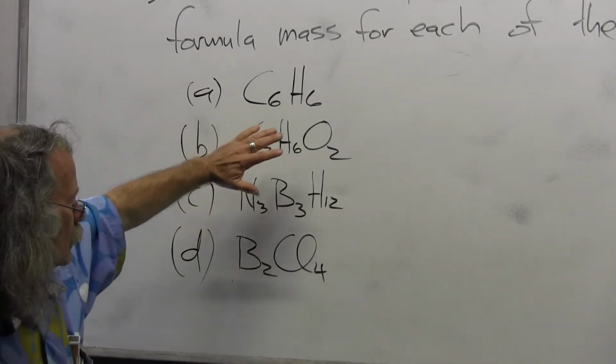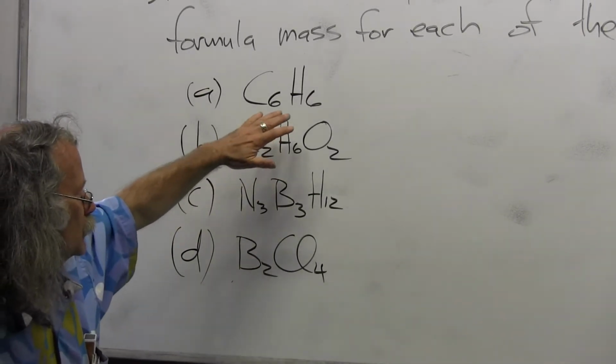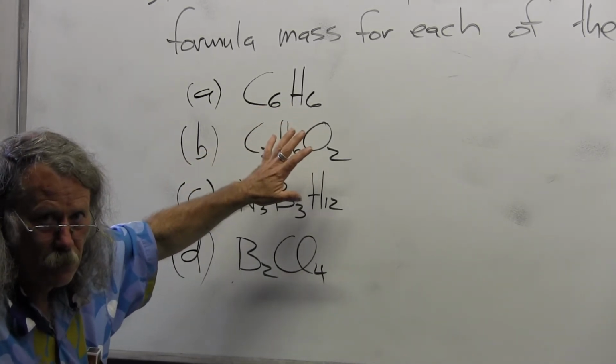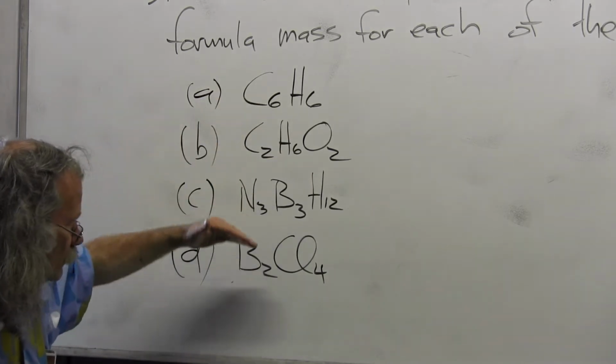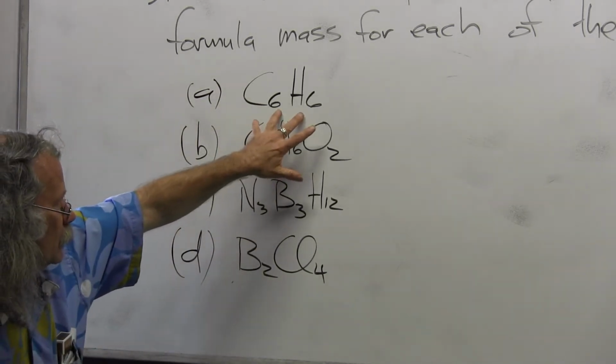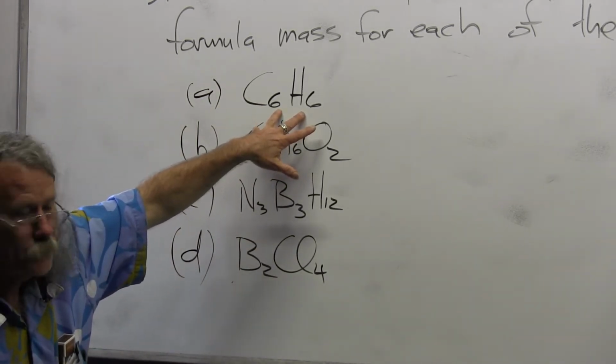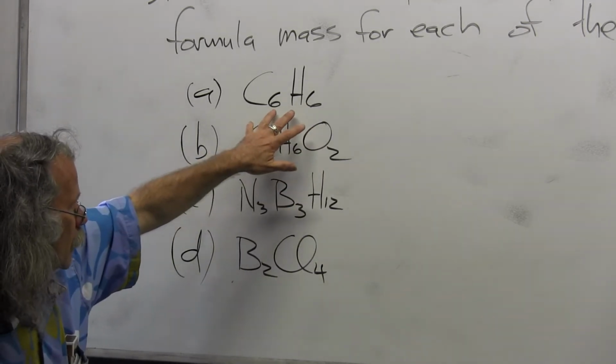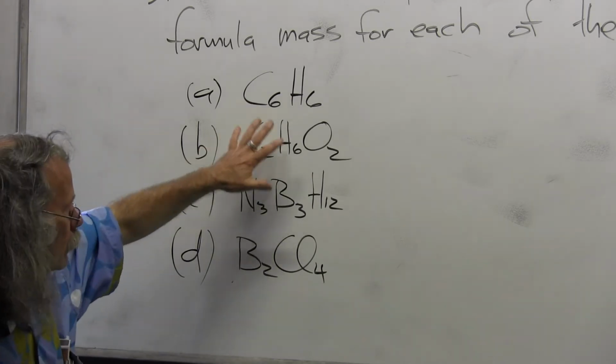So in other words, the empirical formula is the one with the smallest whole number ratio of atoms in a compound. So what we're going to look for in each of these cases is the lowest common denominator for all of the subscripts in the formula.